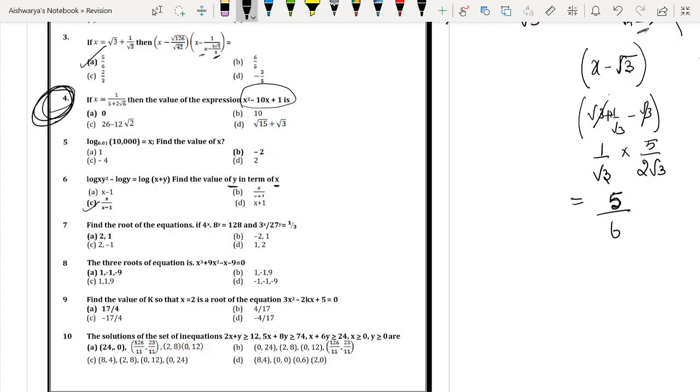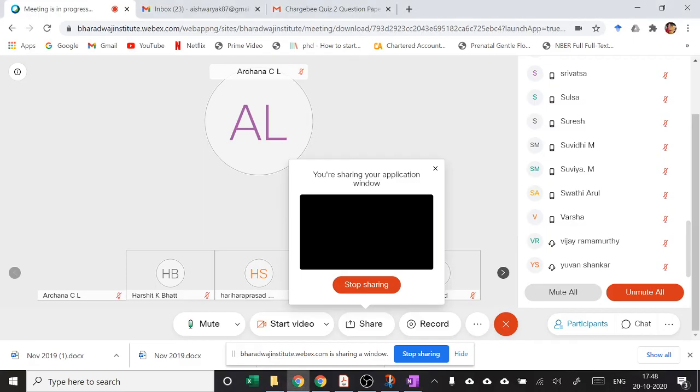Answer comes to 0 when you calculate it. All you have to do is find the value of this. Just use your calculator, it will come in one step. Should I show it on your calculator to all of you? Nobody wants to see it on calculator? All of you comfortable? You're comfortable.